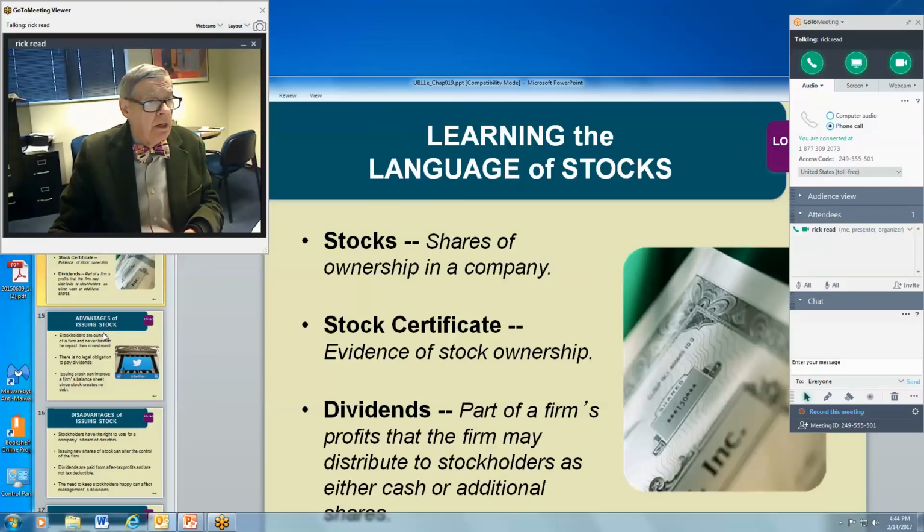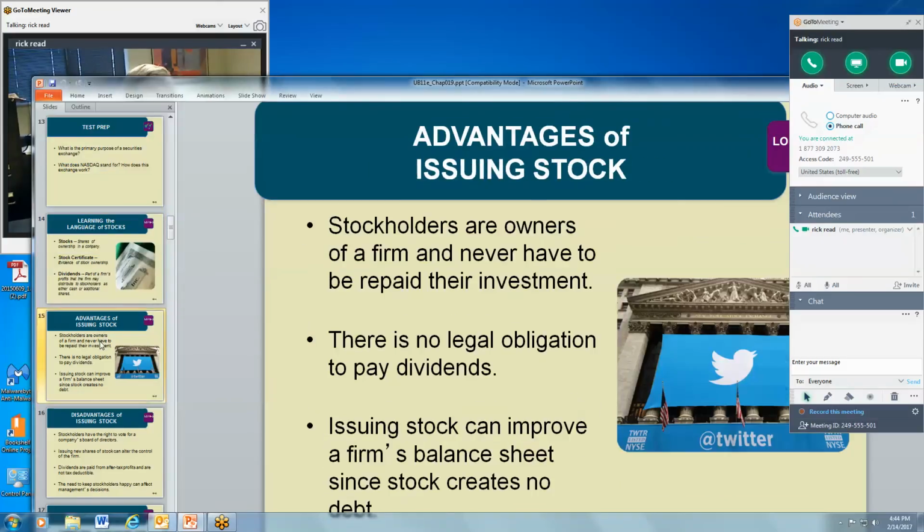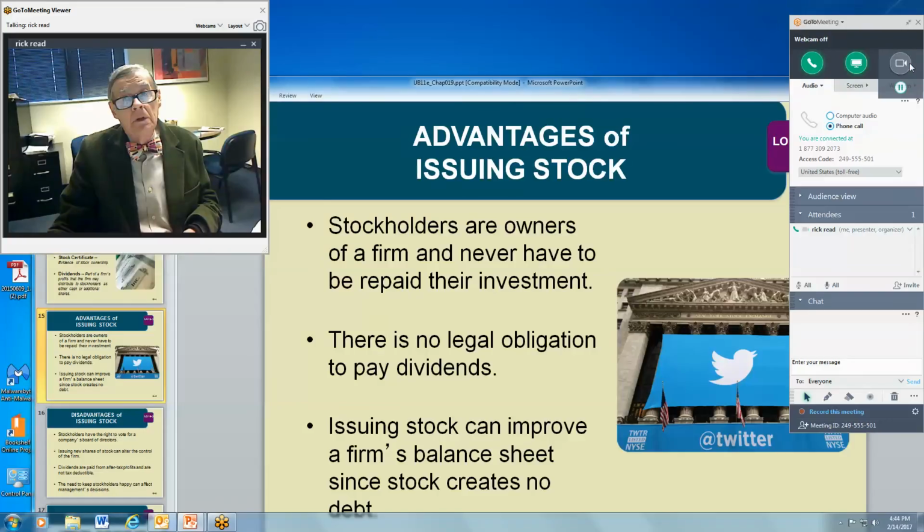A dividend, remember, is something that we've talked about. We will talk about this in the course quite frequently, or we have talked about it, and we'll mention it again. A dividend is something that a company pays after taxes to its shareholders. Companies do not have to pay dividends ever. It's not a requirement.